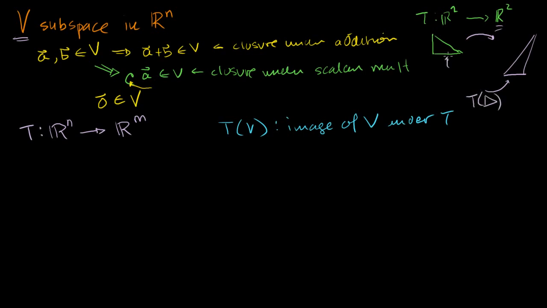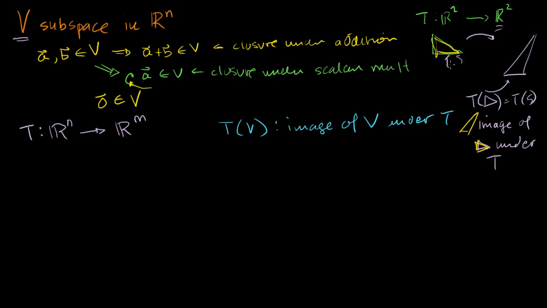Or if we call this S, it's equal to the transformation of S, the image of the set S. Or maybe even a neater way of thinking about it is that this skewed, rotated triangle is the image of this right triangle under T. And I think that might make a little bit of visual sense to you.